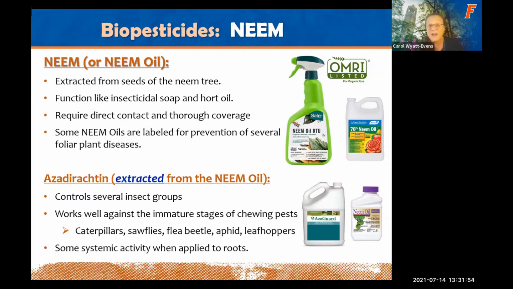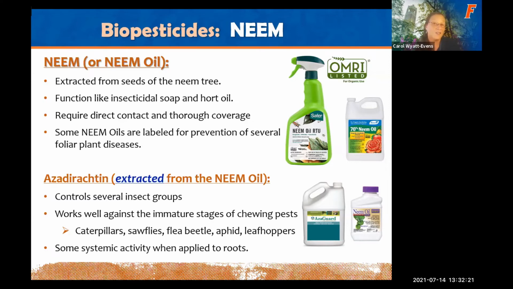The thing about azadirachtin is that it works really well against the immature stages of chewing pests, such as caterpillars, sawfly larvae, weevils and flea beetles, as well as aphids and leafhoppers. So azadirachtin actually is a really good product. It also has a slight systemic property. Systemics are things that get taken up and moved through the plant.